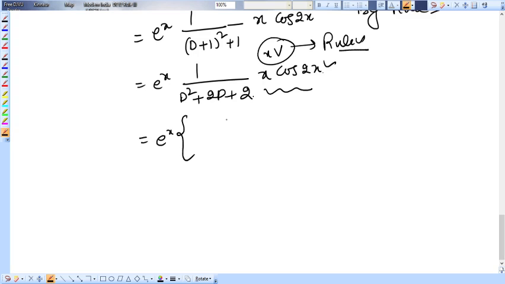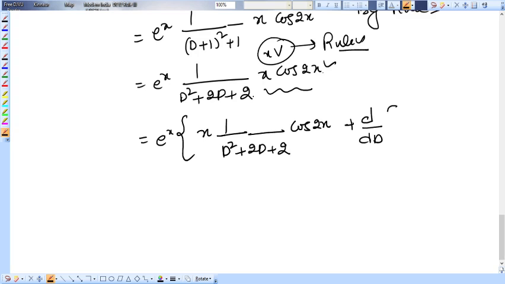Applying rule 5 now, we get x outside the operator, and inside we have 1 over (D square plus 2D plus 2) cos 2x, plus the derivative of the operator, which is D square plus 2D plus 2, and cos 2x here. So it is e^x.